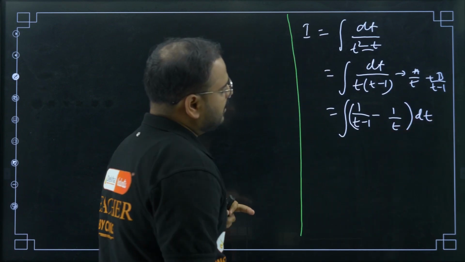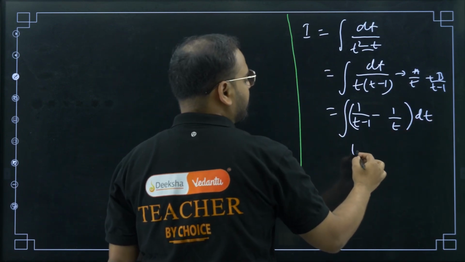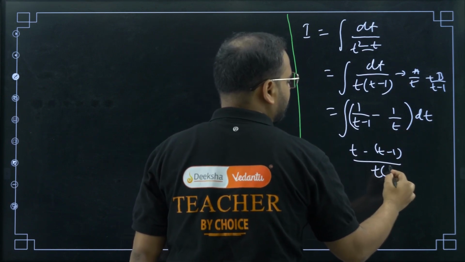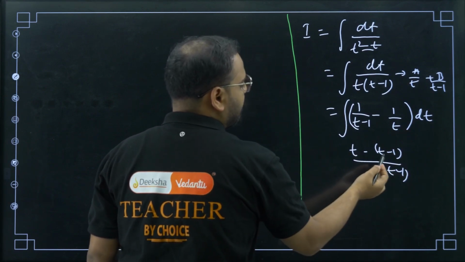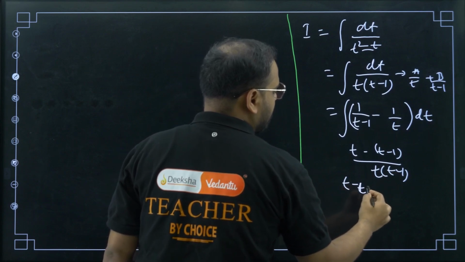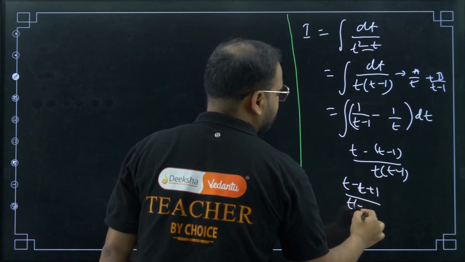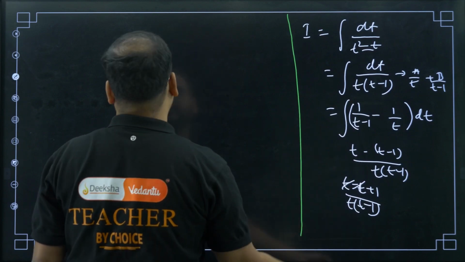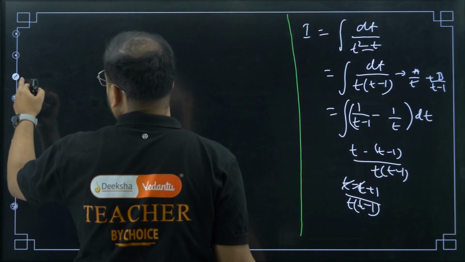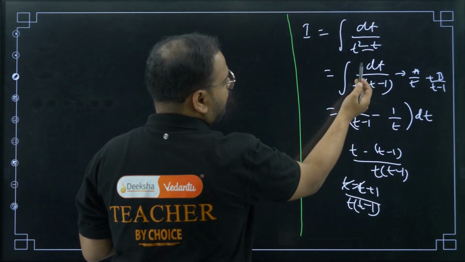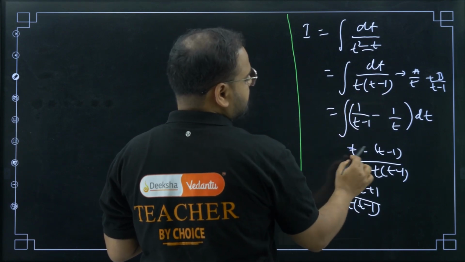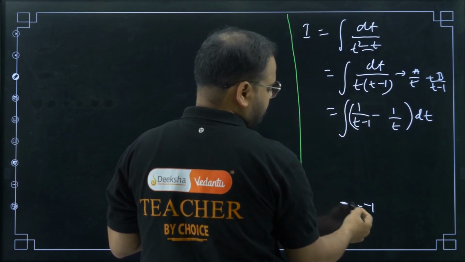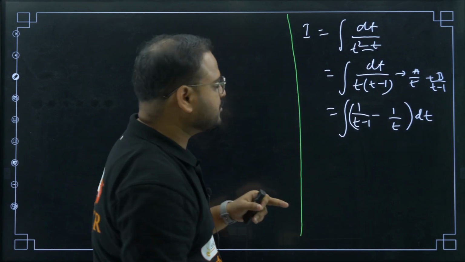If I take the LCM, I get t minus 1 in the bracket upon t times of t minus 1. I get t minus t plus 1 upon t times of t minus 1; t minus 1 goes out, and it becomes simply 1 upon t times of t minus 1. Same thing over here. So I can write like this. If you are confused over here, do the partial fraction part and solve this.